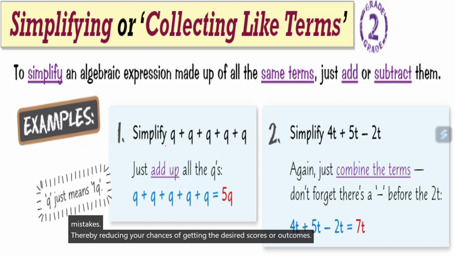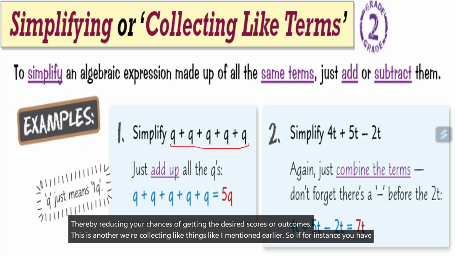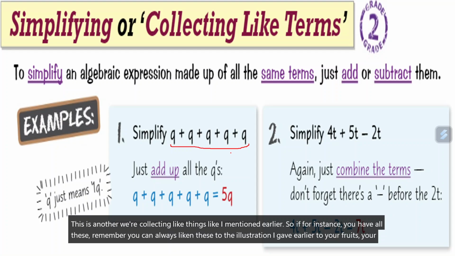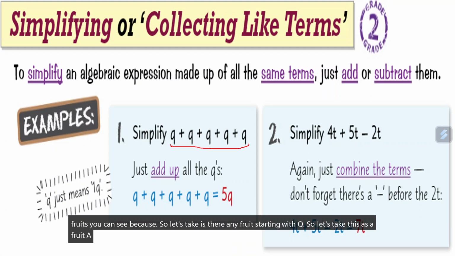This is another way of collecting like terms, like I mentioned earlier. You can liken this to the illustration I gave earlier of fruits. Let's take a common fruit, say kiwi.